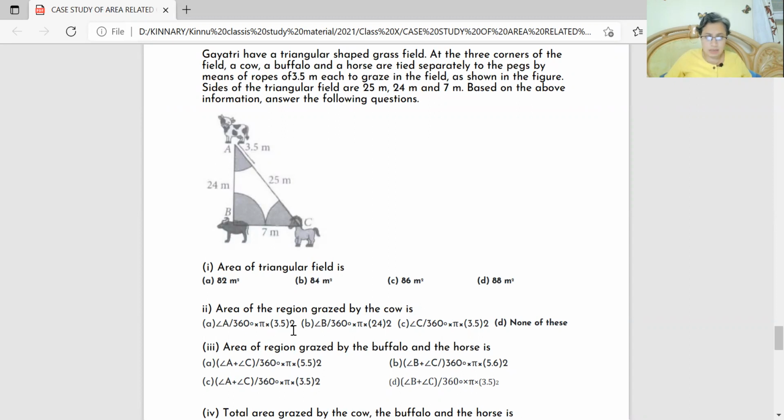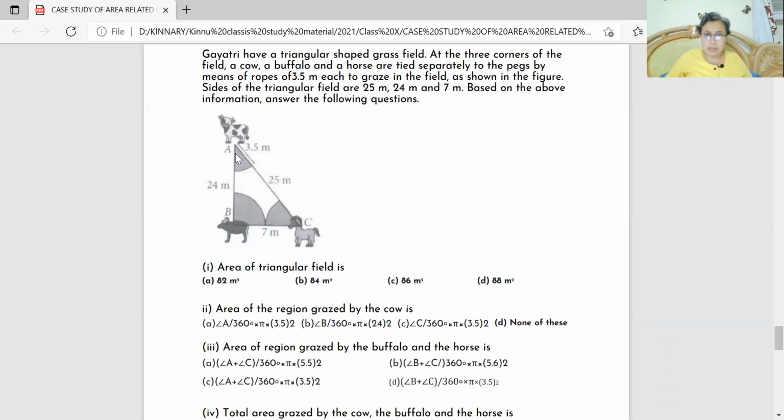Now let's move on to the second. Area of the region grazed by the cow is. So how much area will the cow graze? That means you need to find the area of this sector. But here you need not find any area. See, here you are given only formulas. Here you have radius 3.5 centimeter and theta is not given, but what will be the theta?